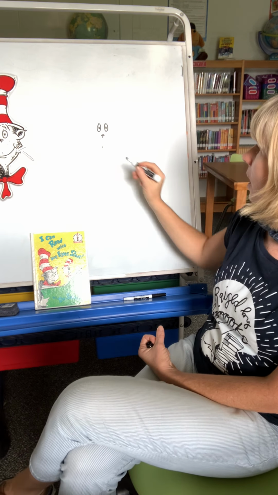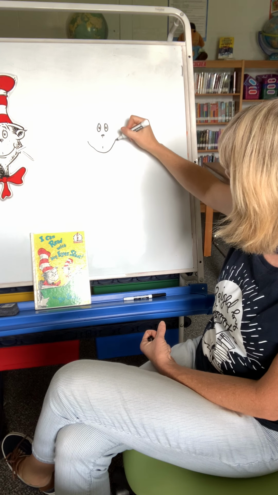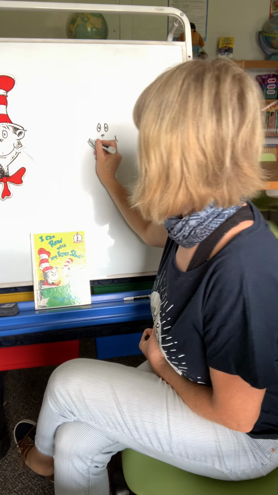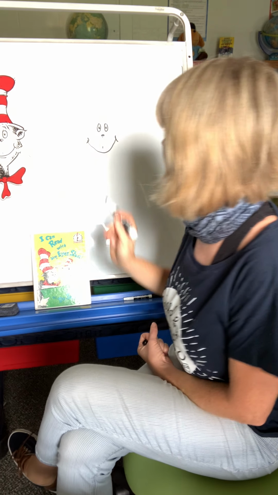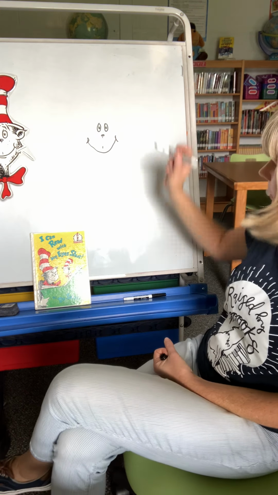And then I'm going to make a great big smile, because he is always happy. So we've got a great big, goofy smile on him. And then we want to give him some nice big cheeks. So there's kind of like a C shape right there on either side of his mouth. So we've got eyes, a nose, kind of like a dot in his mouth.